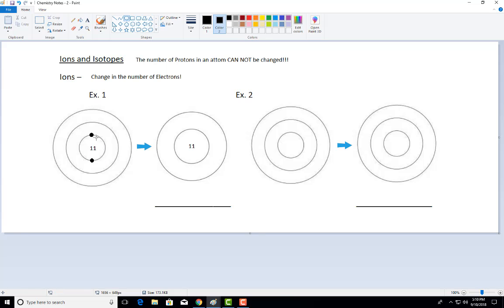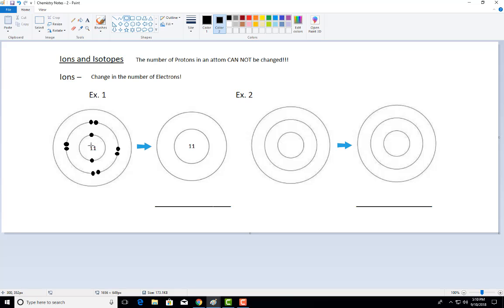They can only hold 2 in the first shell. Well, then 3, 4, 5, 6, 7, 8, 9, 10. So that's 2 in the first, 8 in the second. It's a total of 10.